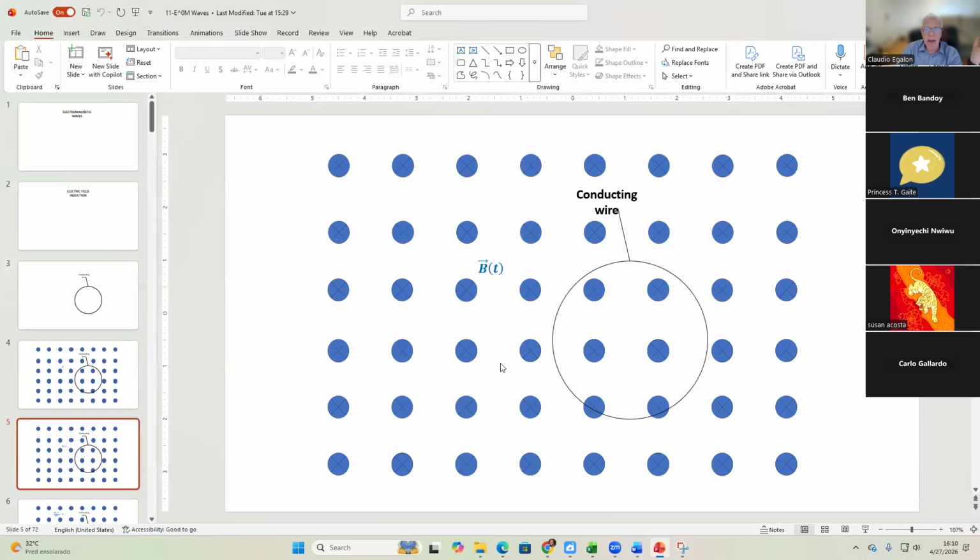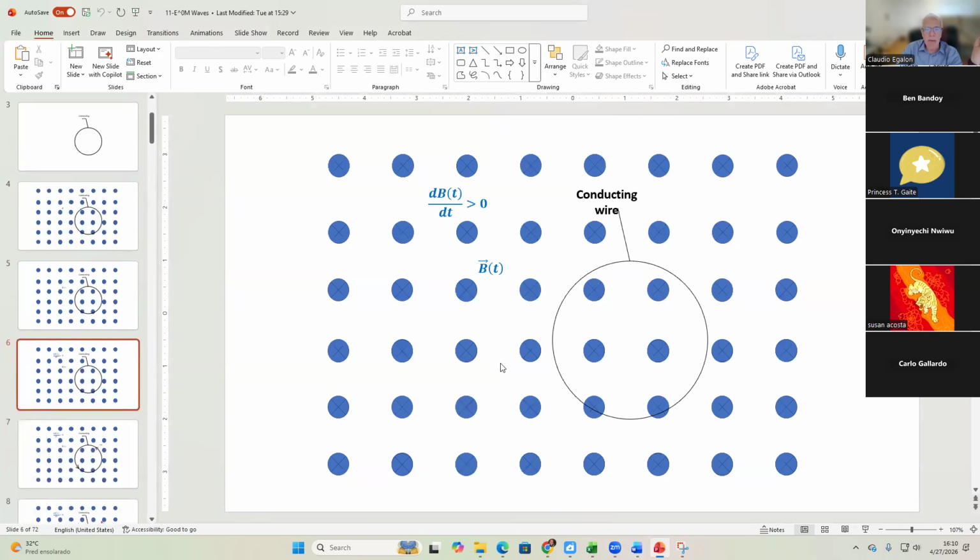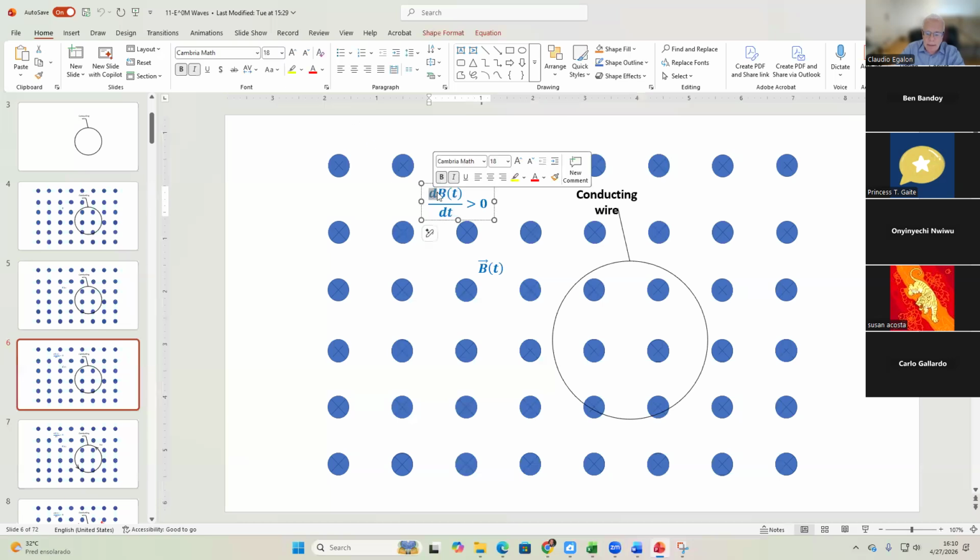B changes in time. If delta B, delta T is greater than 0, the symbol is not changing.